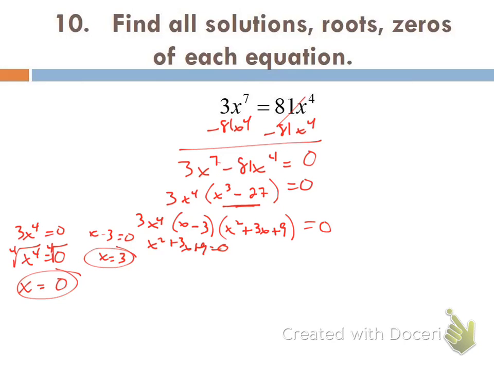And then we know we can't factor down this trinomial, so we have to quadratic formula it. So we should end up with this.